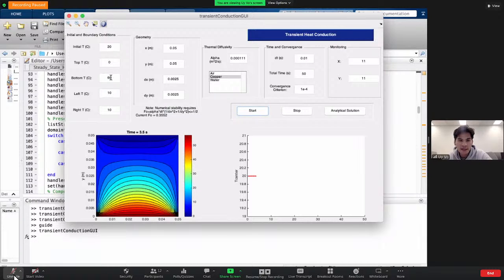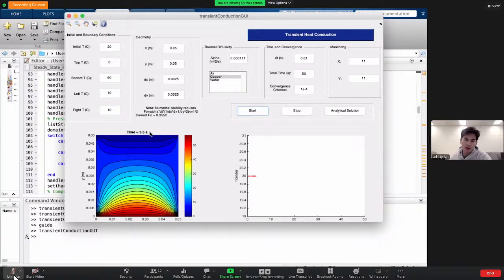Is it too fast? Okay. So we can see here that when we have the initial temperature and boundary condition with all of the values that we set, the temperature changes with time and space, and the time indicated here is 0.5 seconds.